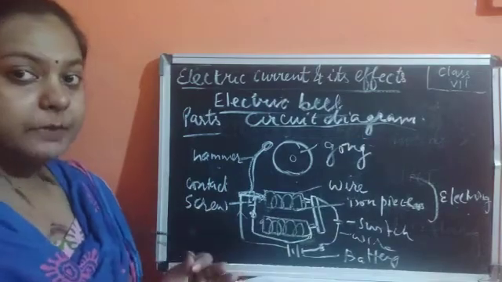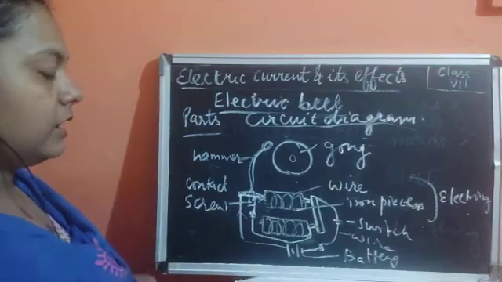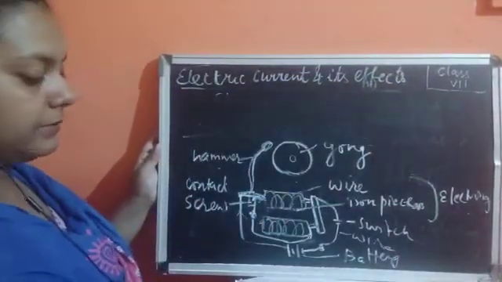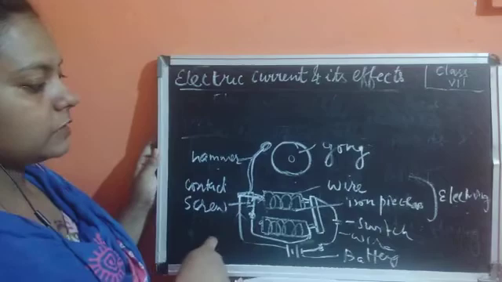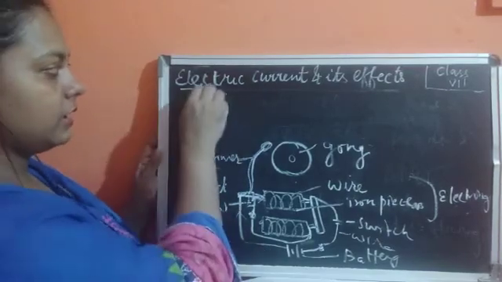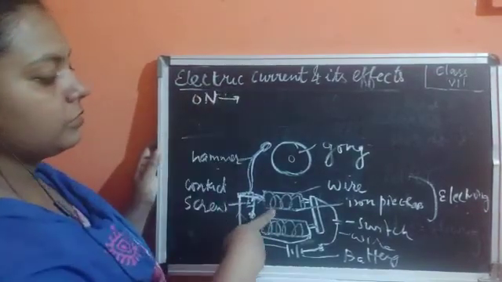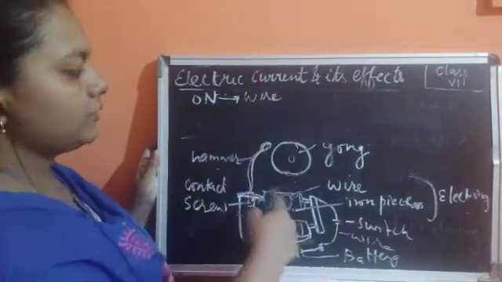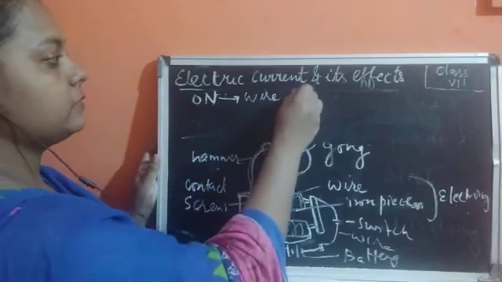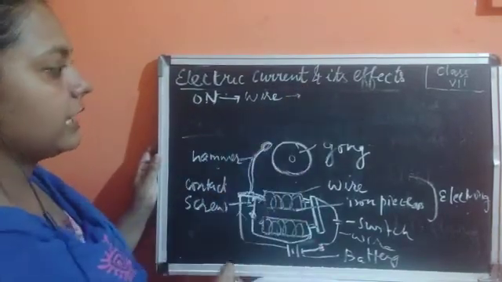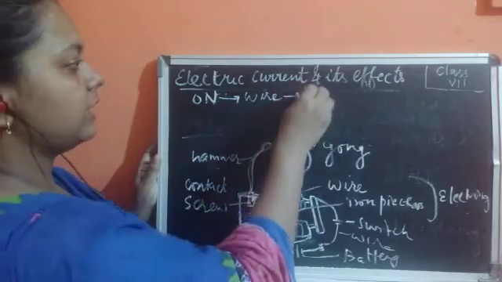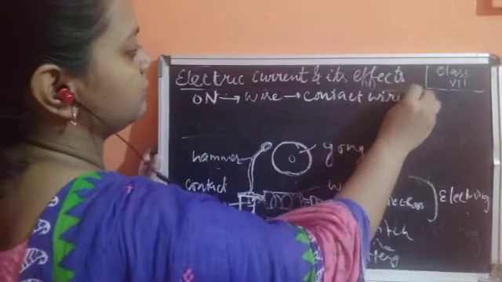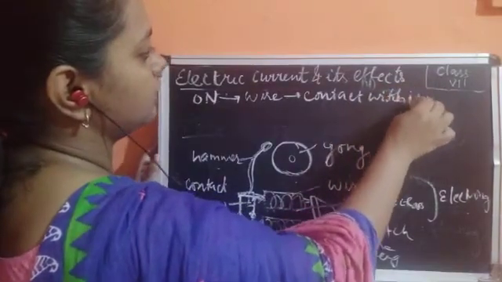Now what was the main concept behind the working of this electric bell? It works once the switch is in on condition. It passes the current in this wire, which is wound on the iron piece.